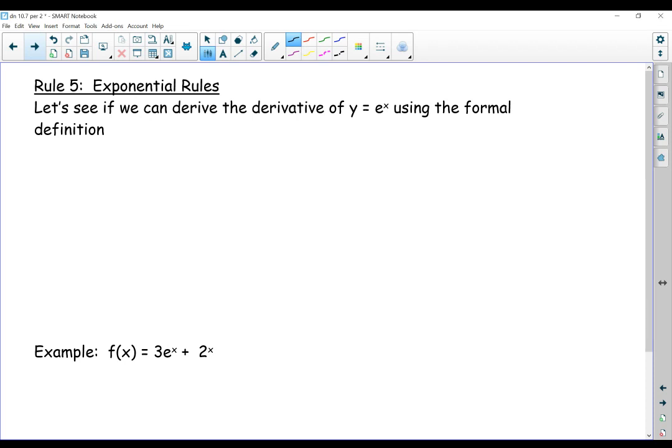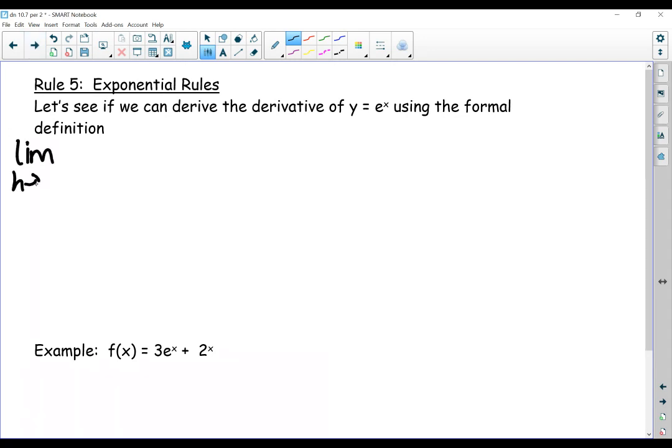Now, if we were to find the derivative of e to the x, let's use the formal definition. The limit as h goes to 0 of e to the x plus h minus e to the x over h. So it's f of x plus h minus f of x all over h.